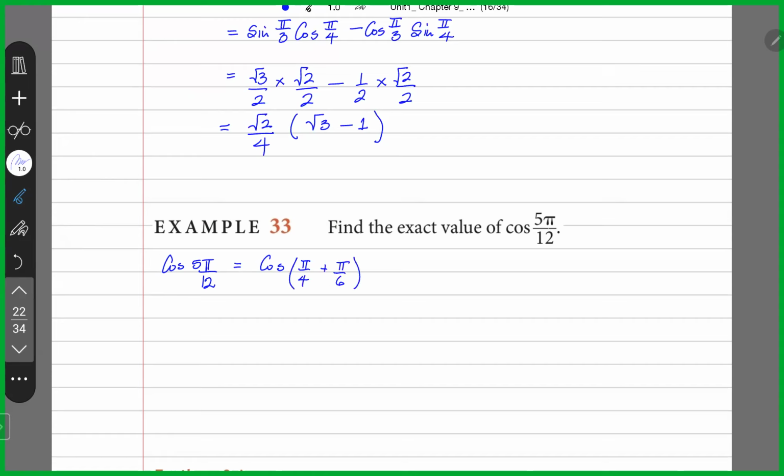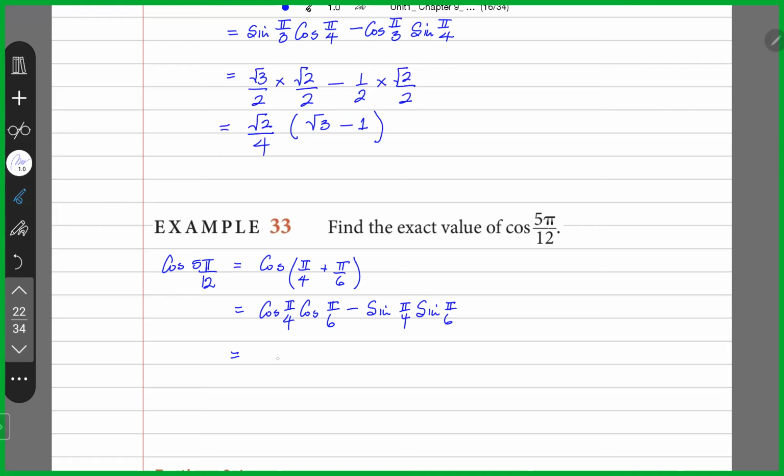Pi by 4 being 45 degrees, pi by 6 being 30 degrees. Now, using my compound angle formula, this would be the cosine of pi by 4, the cosine of pi by 6, minus the sine of pi by 4, the sine of pi by 6.